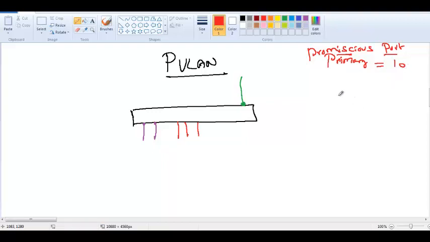And then let's say for the community, which is the purple one, these two, we would like to give some number, let's say 101.